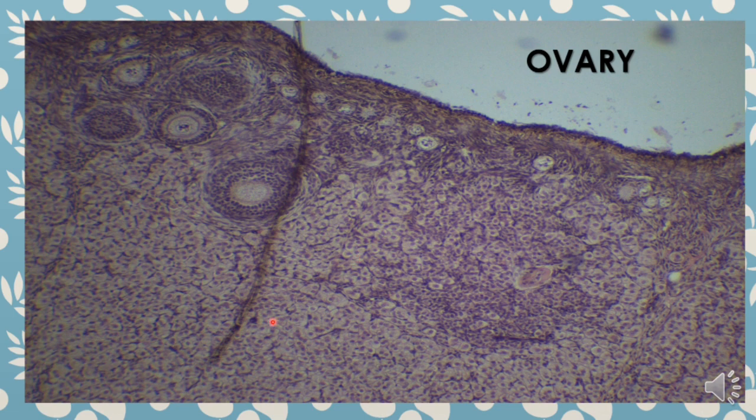While in the cortical regions are the ovarian follicles. In these regions you can see numerous primordial follicle cells.